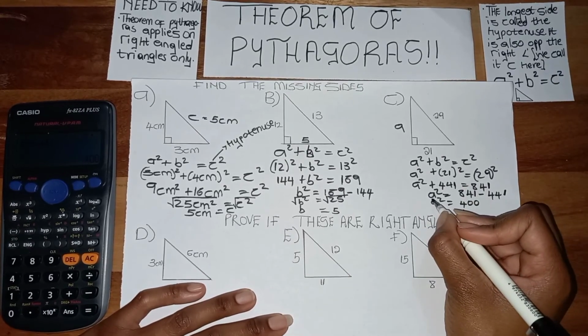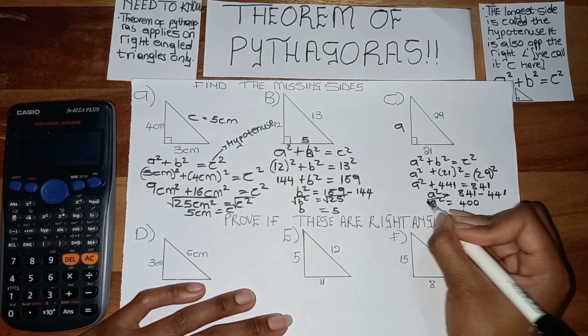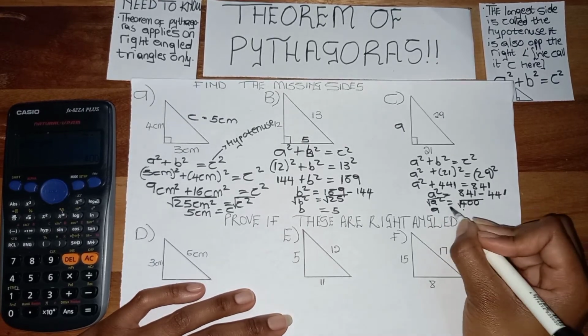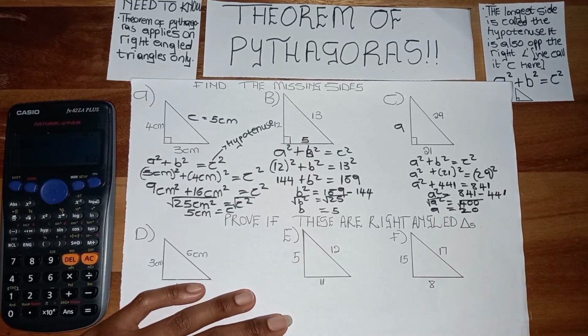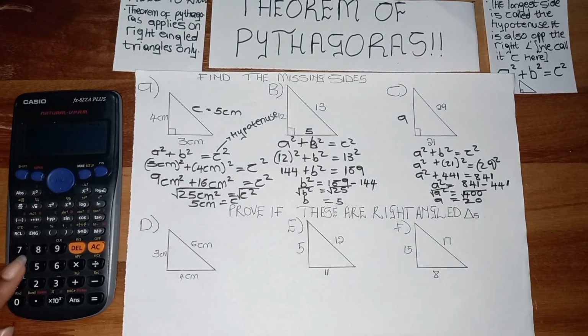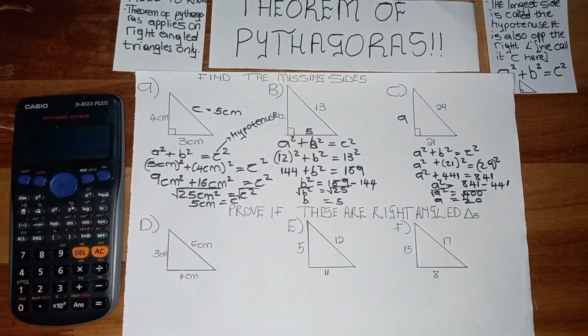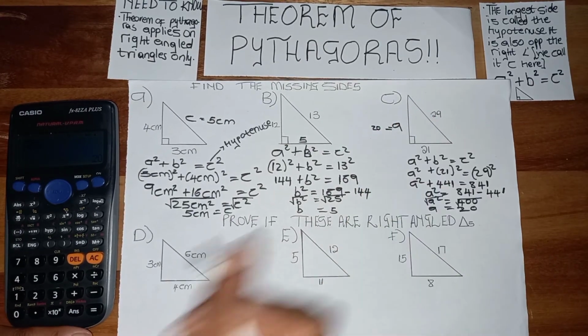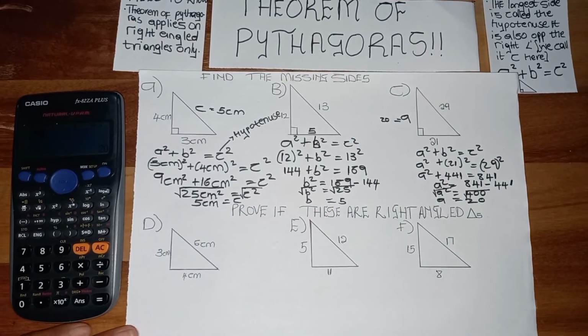So I can remove it by putting its inverse operation, which is square root. Then it's going to give you a equals 20. Yes, your a equals 20. So here we found the missing sides using the theorem of Pythagoras.